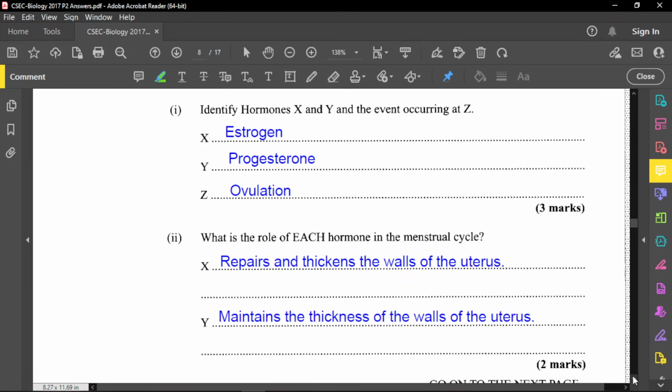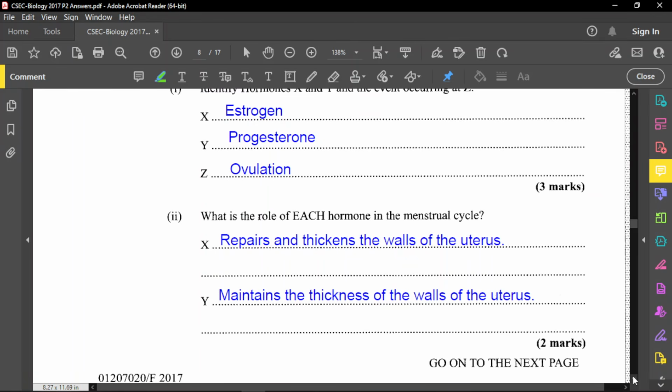Now for part two, we said, what is the role of each hormone in the menstrual cycle? The roles are pretty much similar, because again, they act upon the walls, which is the endometrium of the uterus. Estrogen repairs and thickens the wall of the uterus.